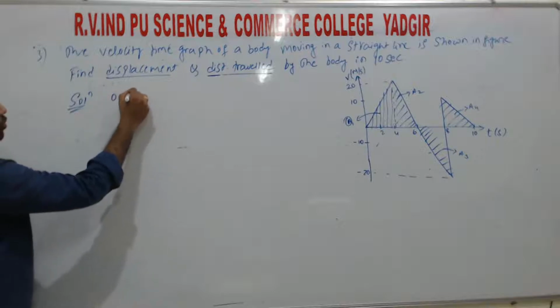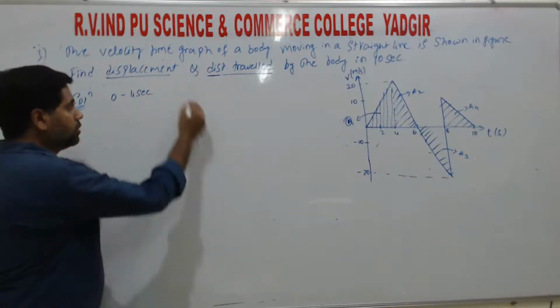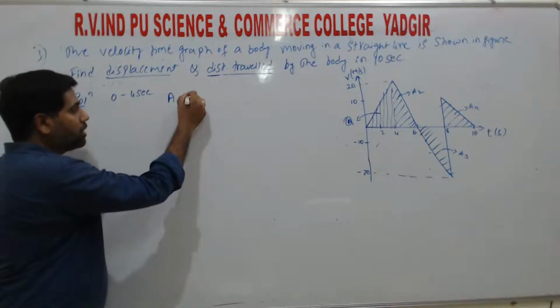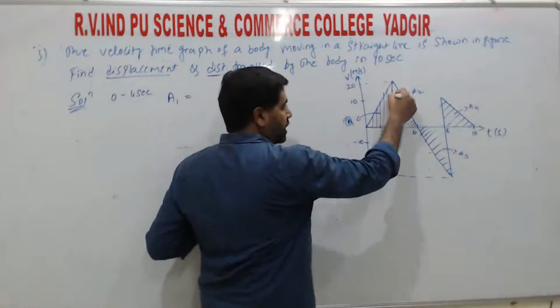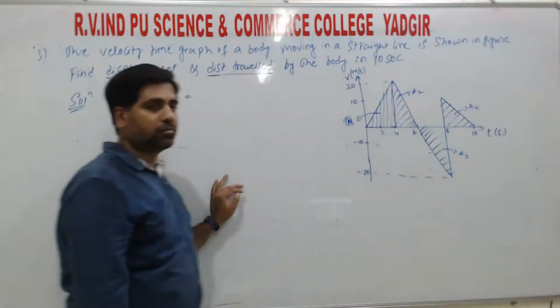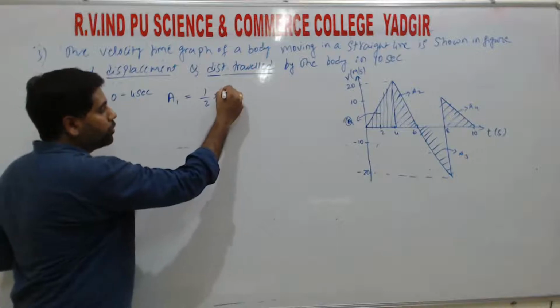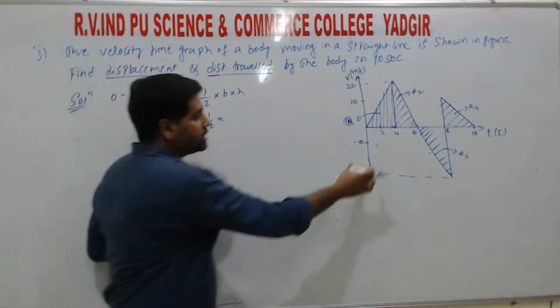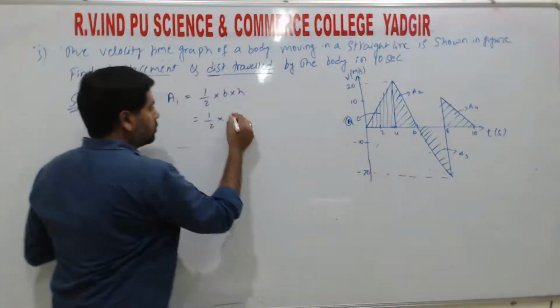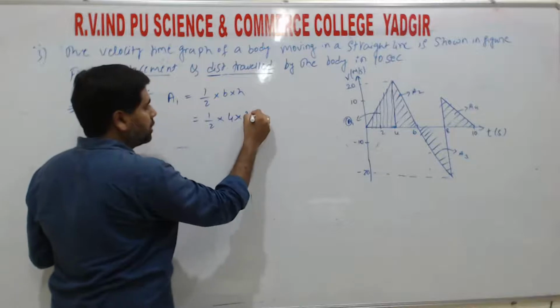So 0 to 4 seconds, area gives the displacement or distance. So area A1 is in the form of a triangle, right? So slope is positive, area is half into base into height. So half into base 4 into height 20, right?